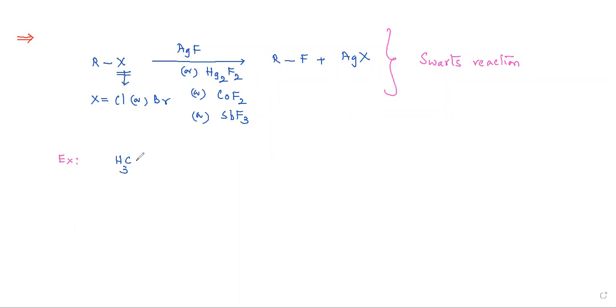Take methyl bromide. When treated with silver fluoride, we get methyl fluoride, then silver bromide.